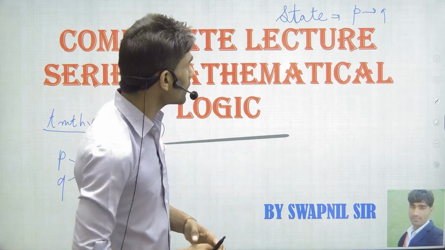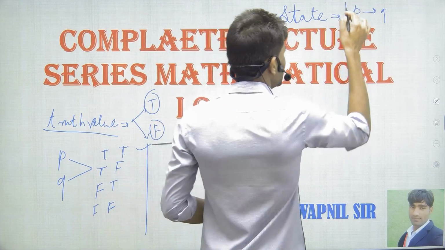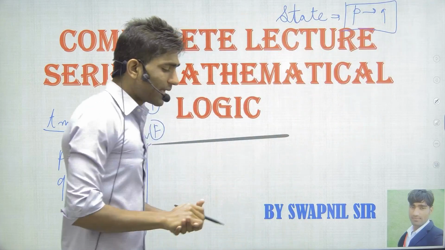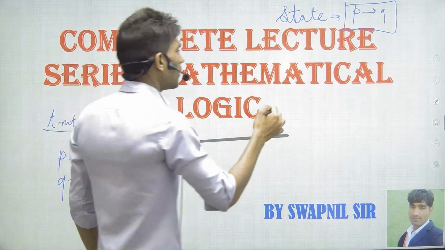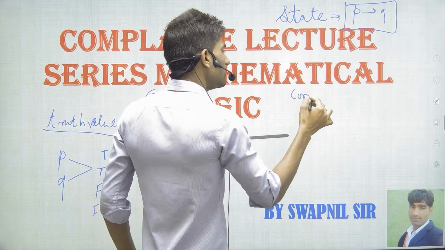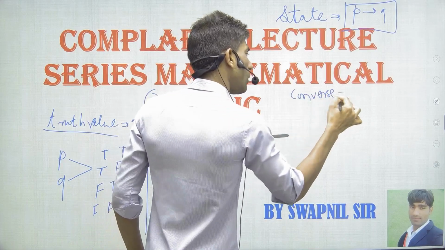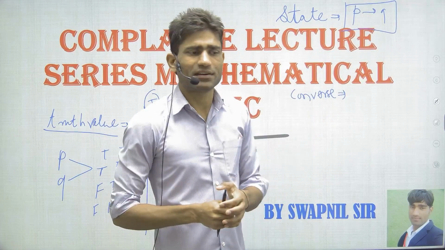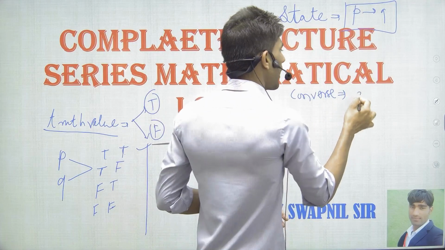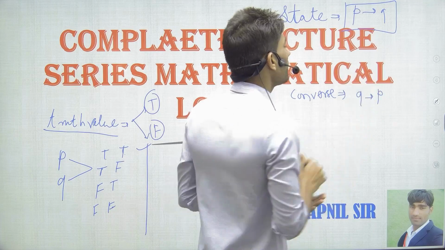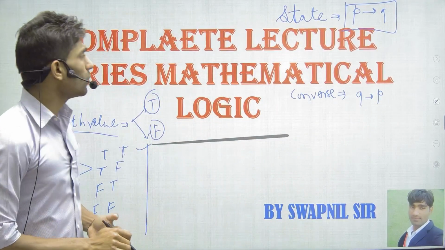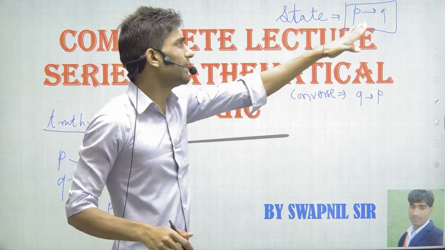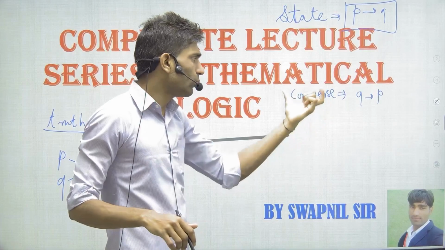So if we have the statement P implies Q, then for the converse, what it says is to go in the reverse direction. Reverse direction means we go for Q implies P. That is the converse.